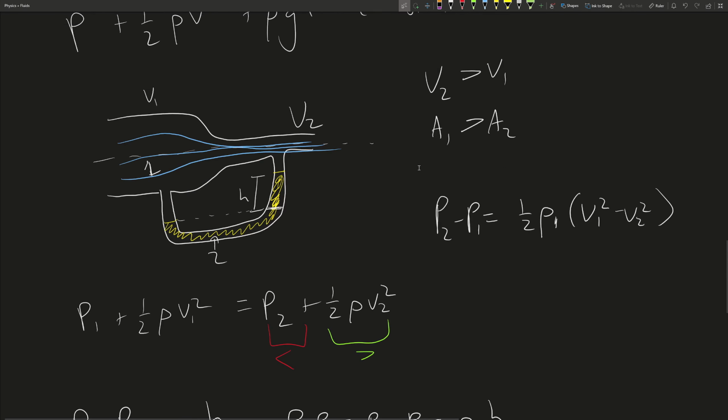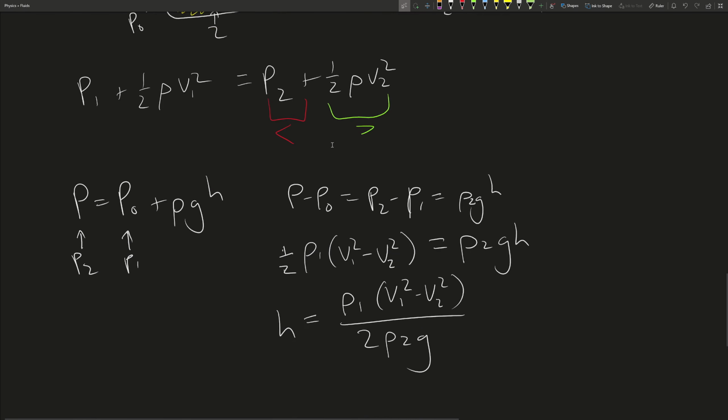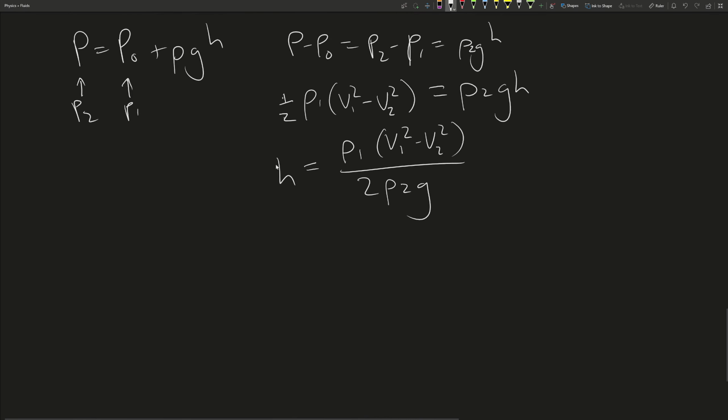And now notice we set this here as pressure 0 and this as our final pressure. But notice that this is actually lower, which means this has higher pressure than that. So our h will turn out negative because we set this as our initial pressure and this as the hydrostatic pressure.